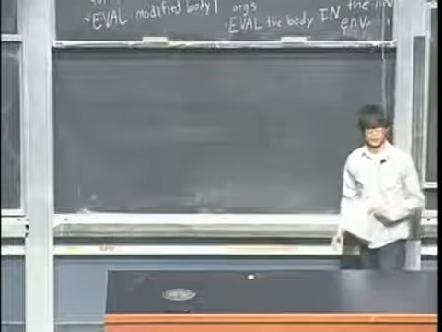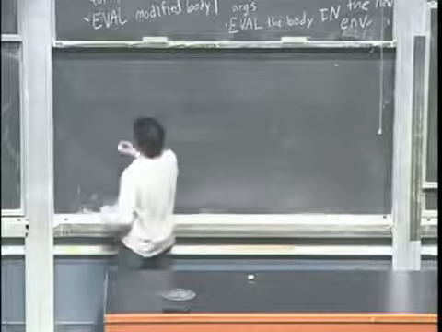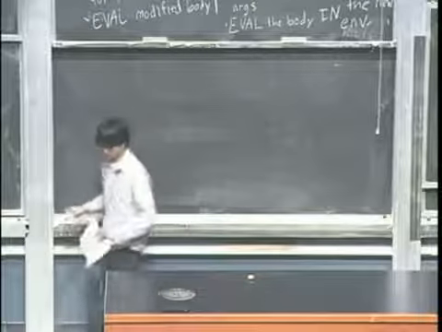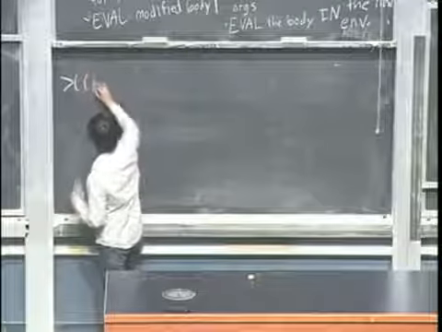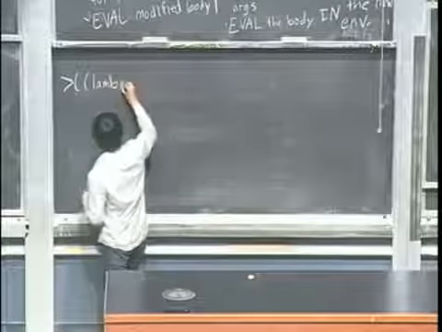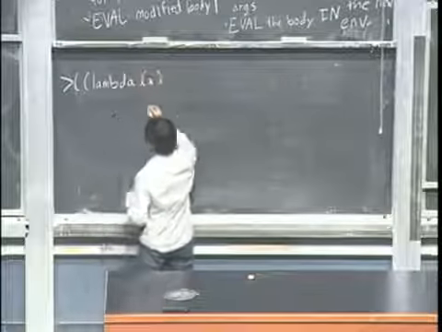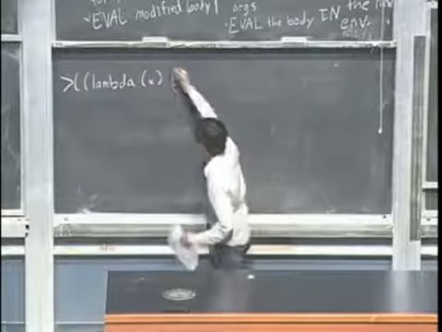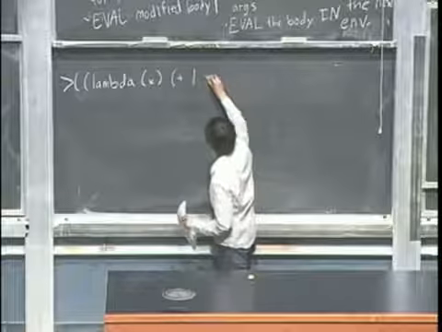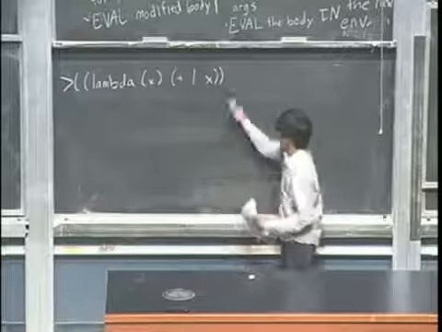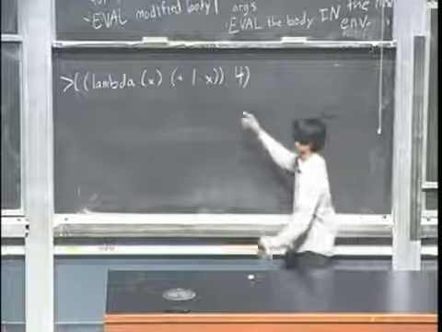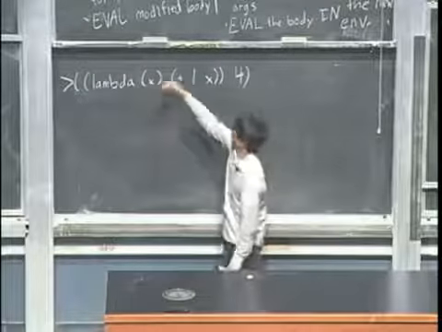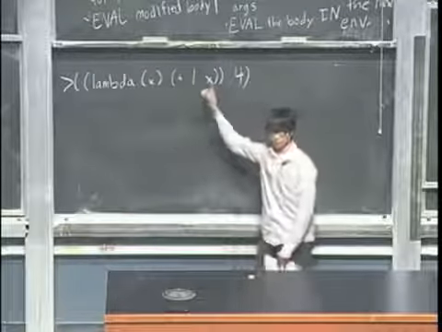So to compare and contrast the two, let's go through an example. Using the substitution model, let's say we're evaluating lambda of x, let's just add to it, plus 1 x, and we invoke it with an argument 4. The substitution model says evaluate all the sub-expressions.